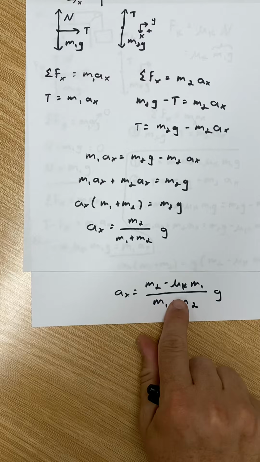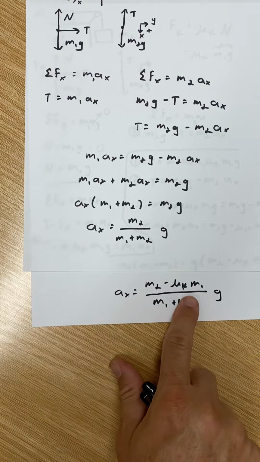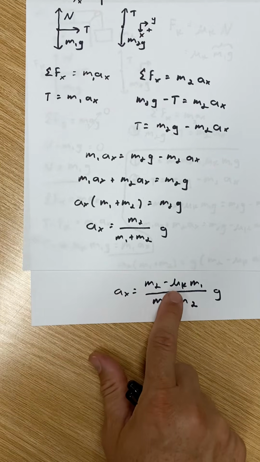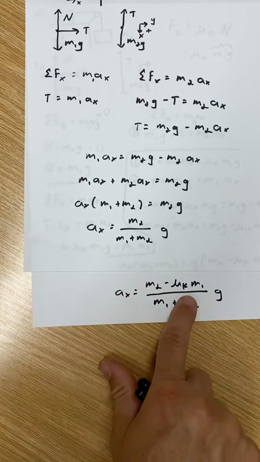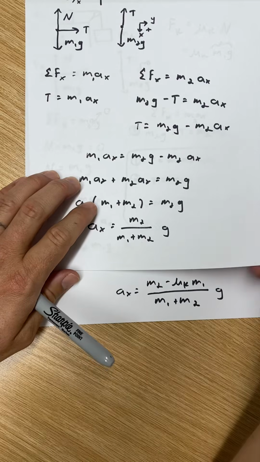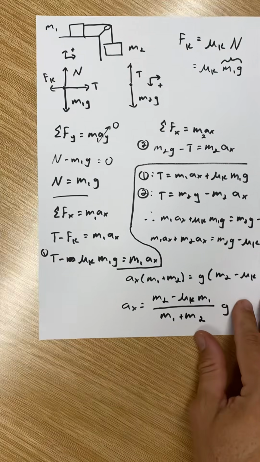And that makes sense. We get something very similar, but now I have this friction term. And notice it's subtractive. The acceleration is lowered by the advent of this friction term. So this makes some sense physically. Hopefully it now makes a little bit more sense mathematically.